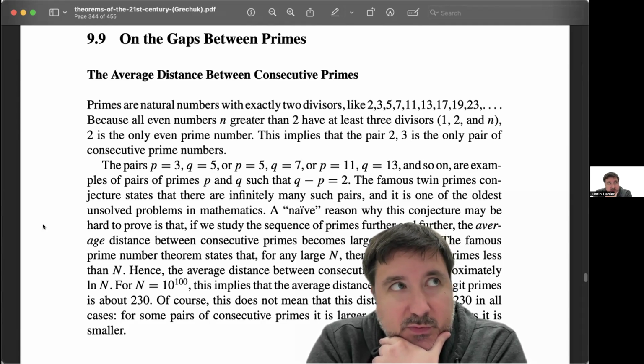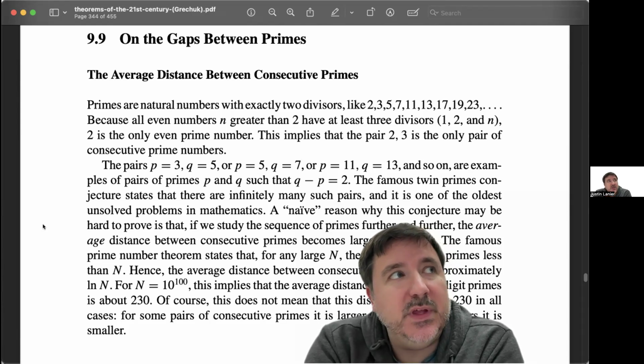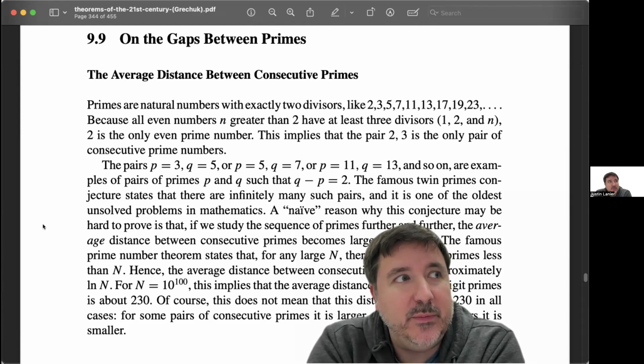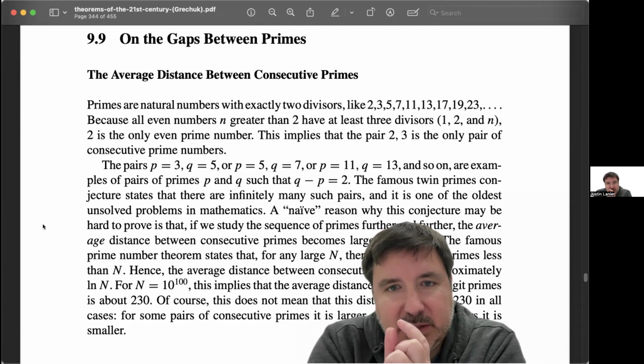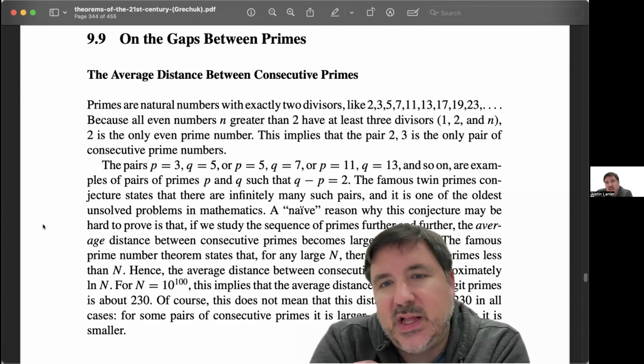Okay. So if the average distance is getting bigger and bigger for whatever reason, then you wouldn't expect too many of them to end up very close together. So that's why it's hard.